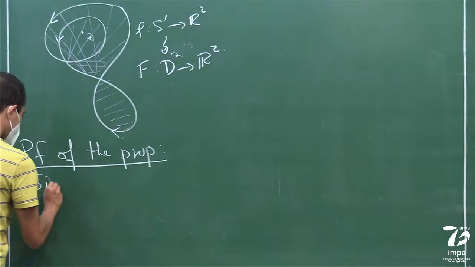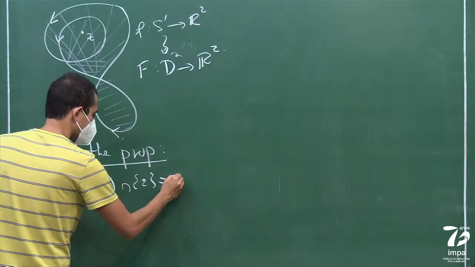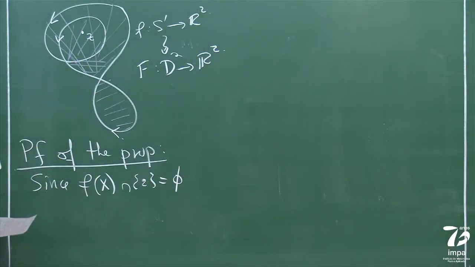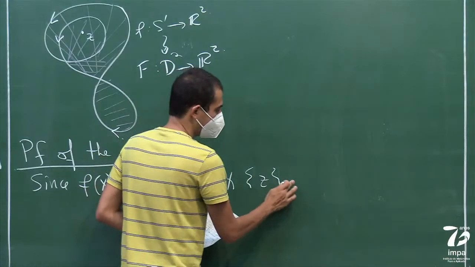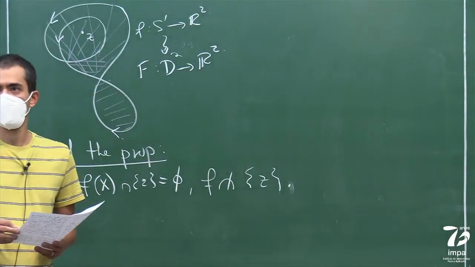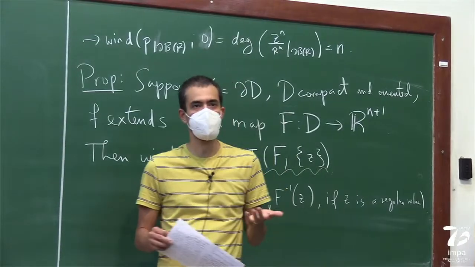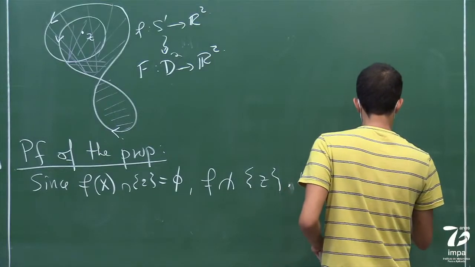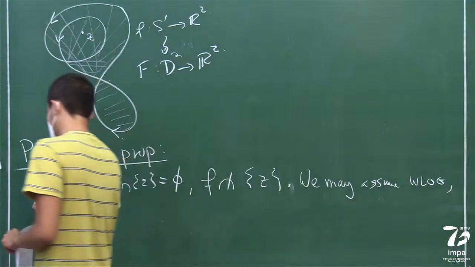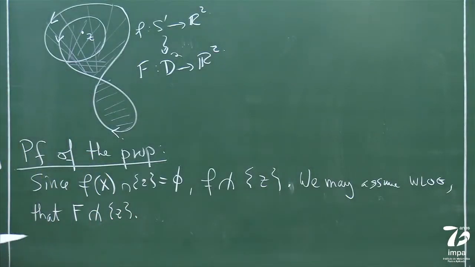Yeah, so since basically the image of F doesn't intersect Z, that means in particular F is transverse to Z. And using one of those corollaries from Thom's transversality theorem, that means if we can extend it to a map F, then we can perturb it to make sure that it's still transverse to Z. So we may assume, without loss of generality, that F is transverse to Z. In other words, that Z is a regular value of F. Okay?